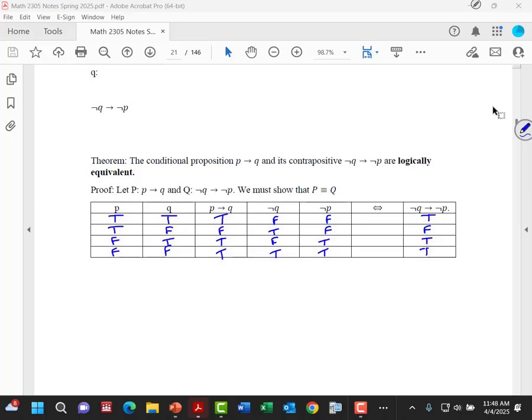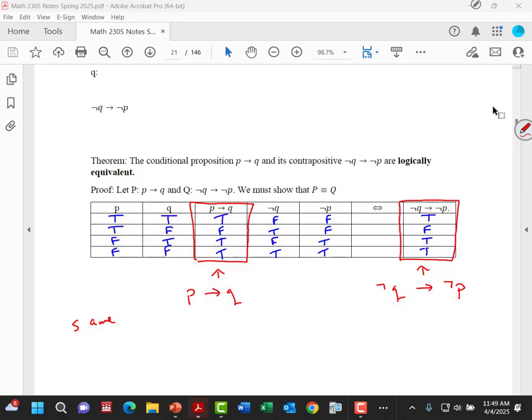Now, I want to show that P implies Q is logically equivalent to not Q implies not P. The idea is that this right here is P implies Q. This column right here is not Q implies not P. Notice that these are the same, okay?